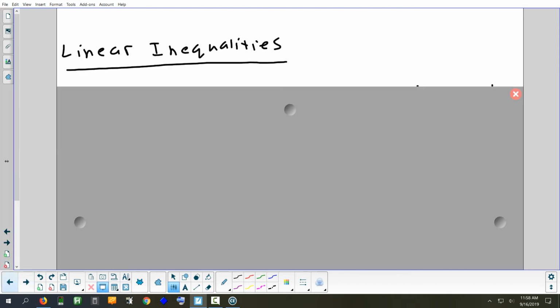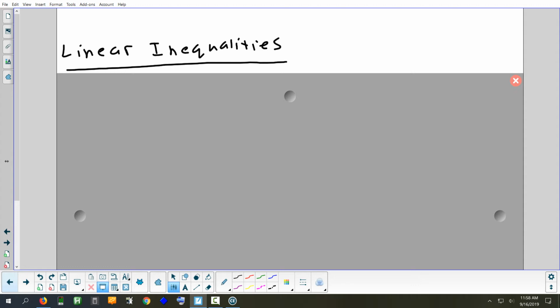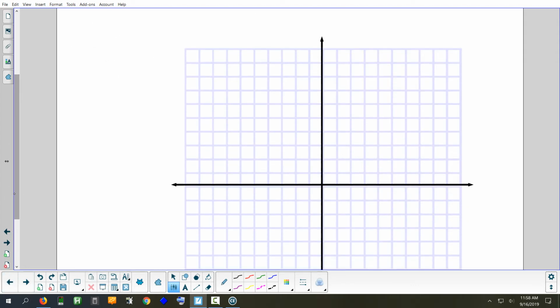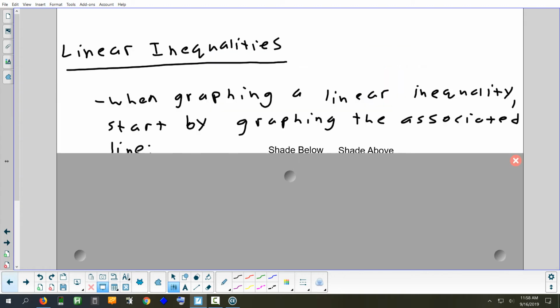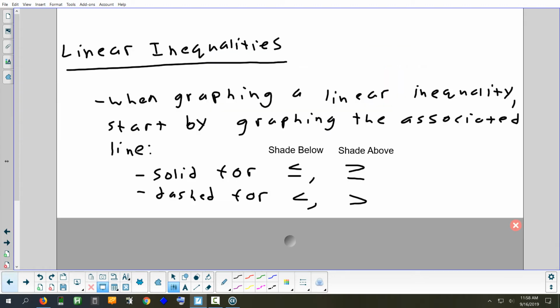Last thing. So the last thing is linear inequality. So this big idea is like when you have a line, sometimes it's solid, sometimes it's dotted, sometimes you shade above, shade below. That's what I'm talking about right here. So 2 things you have to know about the line when you draw it.